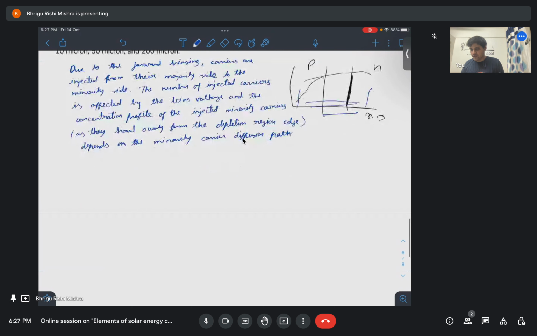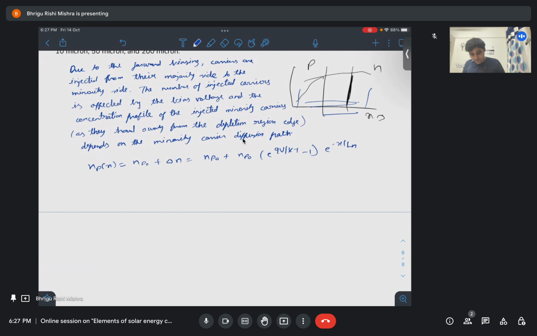So the profile of minority carrier is given as np of x equals np naught plus delta n, which equals np naught plus np naught into e to the power qV by kT minus 1, e to the power minus x by Ln.